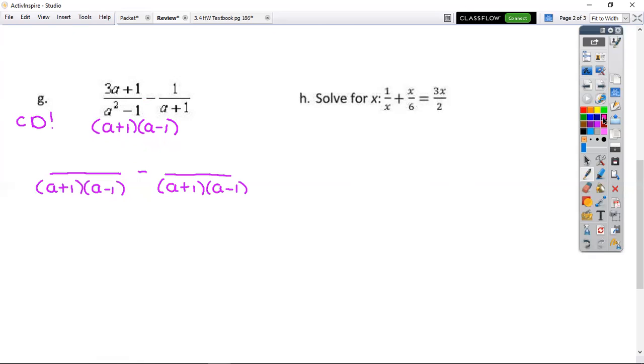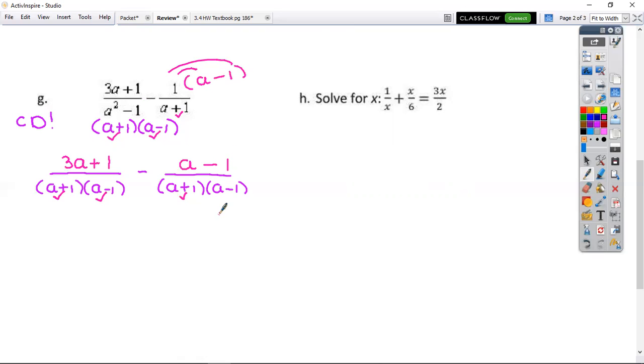All right, so this one has the a plus 1 and it has the a minus 1, so it's all set. You just recopy the 3a plus 1 on the top. My second fraction has a plus 1 and it's missing a minus 1. So do this, distribute, a minus 1.